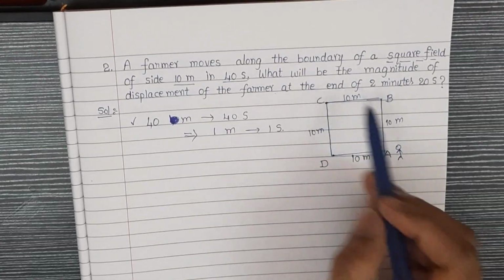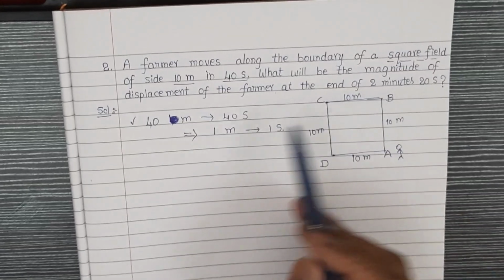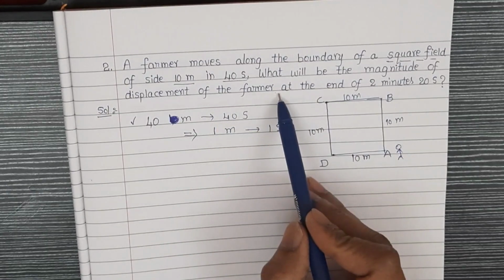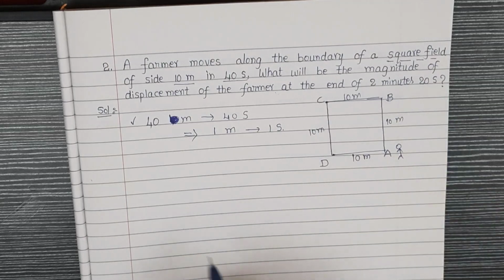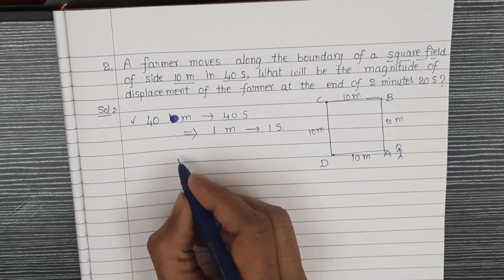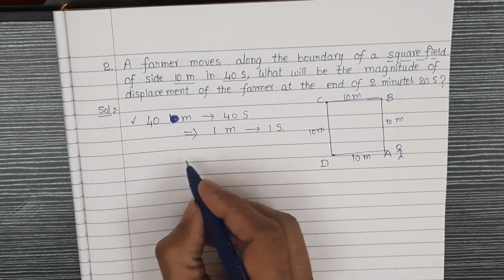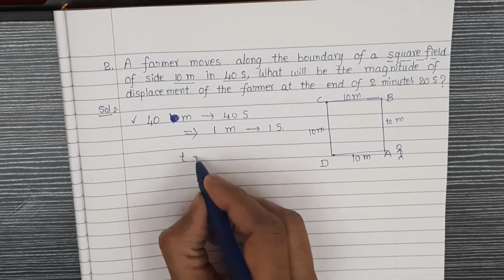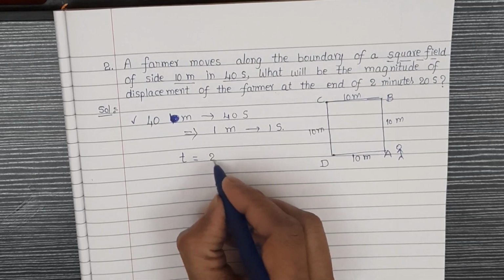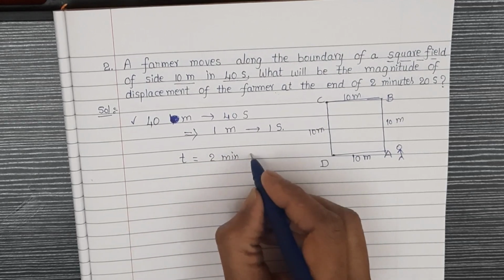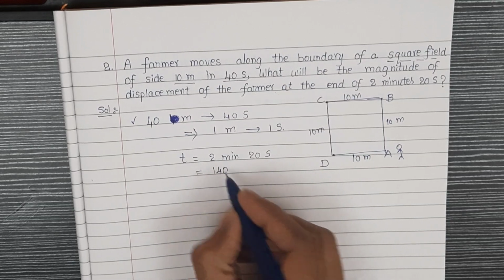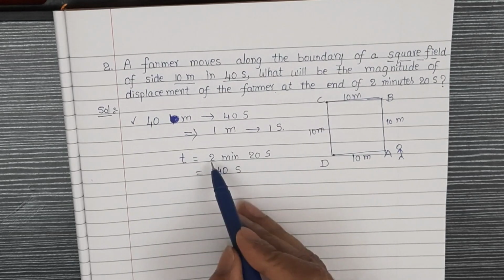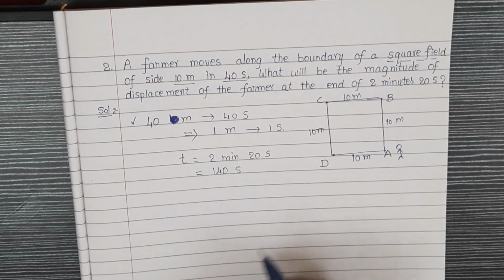The question is, what will be the magnitude of displacement of the farmer at the end of 2 minutes 20 seconds? So we need to know the distance first. Time is 2 minutes 20 seconds, nothing but 140 seconds: 2 minutes is 120, plus 20, 140 seconds.